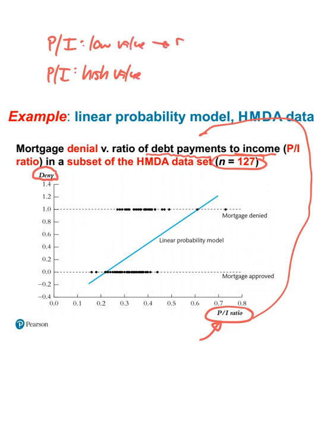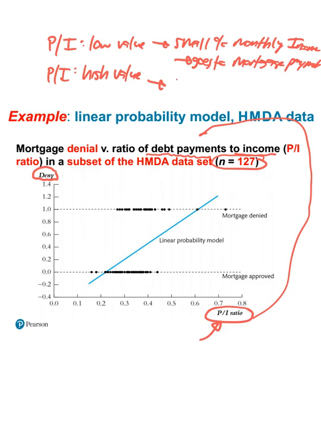With a low value, we have a small percentage of monthly income going to your mortgage payments. Whereas if you have a high value, then a large percentage of income goes to payments.